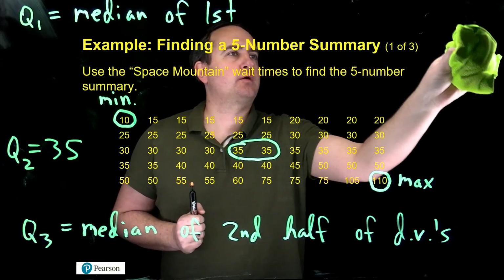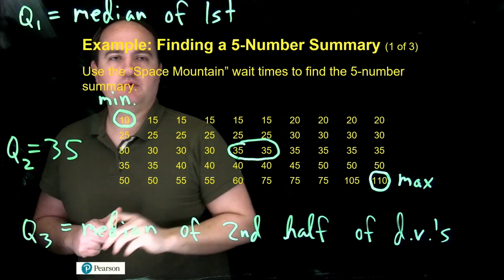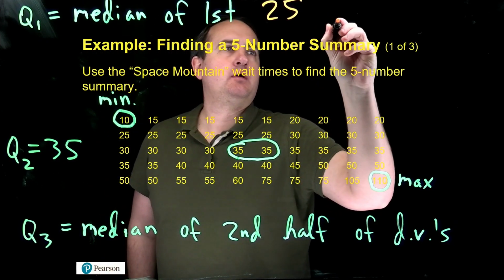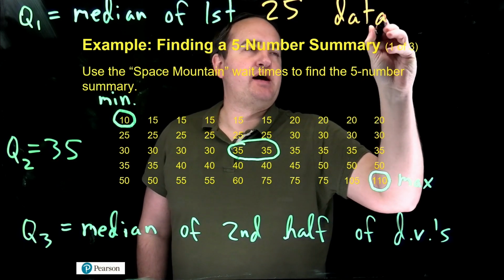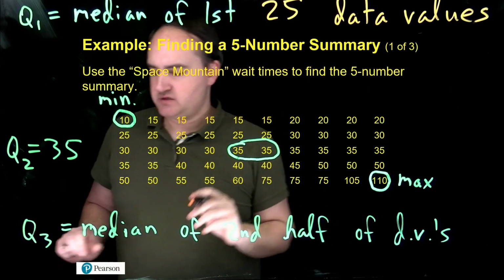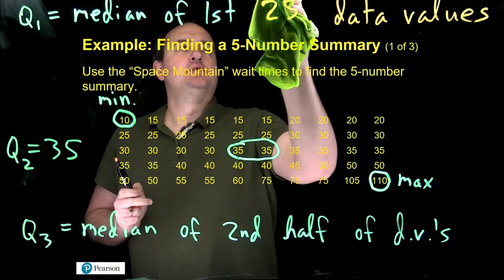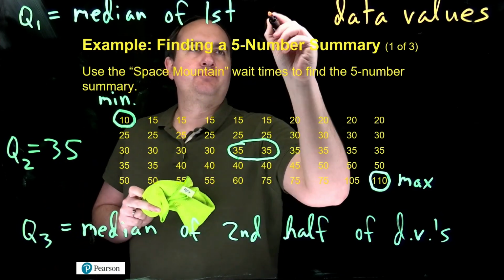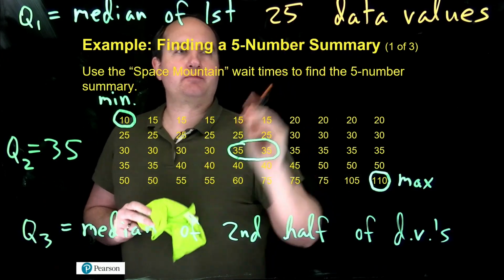That's all we have to do here. So median of first 25 data values. Again, how did I get 25? Well, we knew that there were 50 total in this particular example. So that means there have to be 25 data values in the first half.